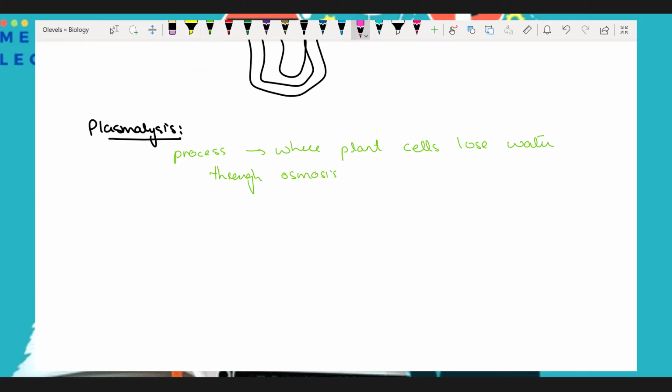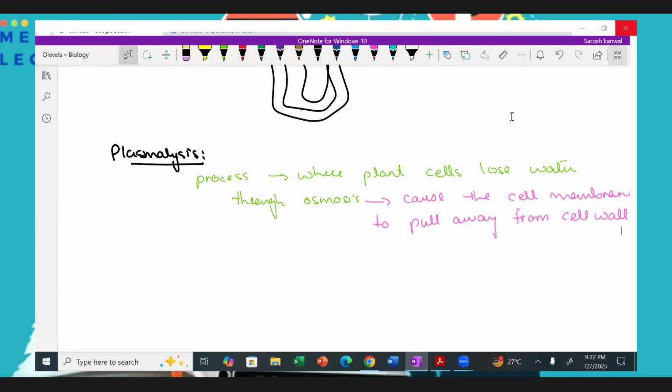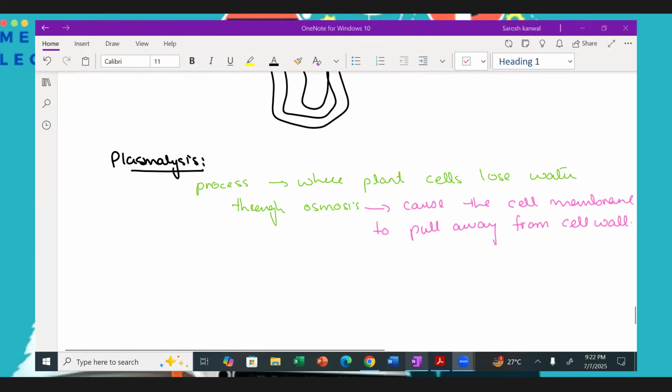And that will cause the cell membrane to pull away from the cell wall. Just give me a minute. I believe I can show you an image for that.